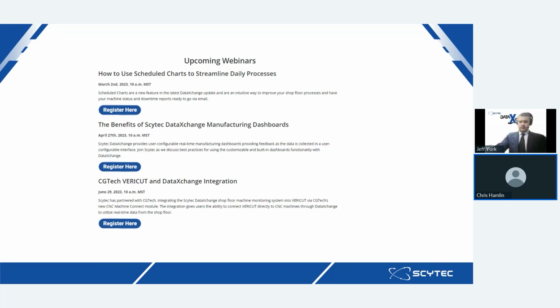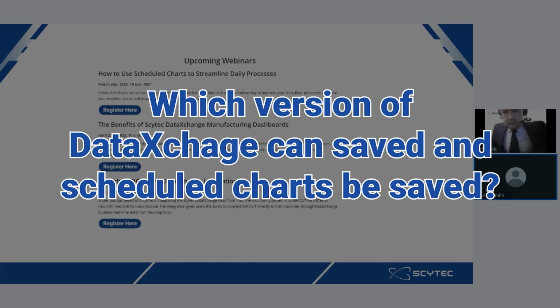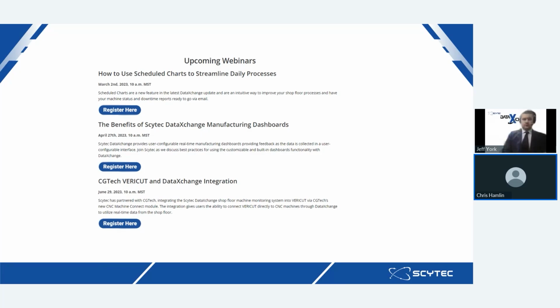So we had a couple of questions come in. Do the charts have to be scheduled from a browser on a PC, or can that also be done from the phone app? The new feature with the scheduled charts can be saved and scheduled from the mobile apps as well as from the browser.